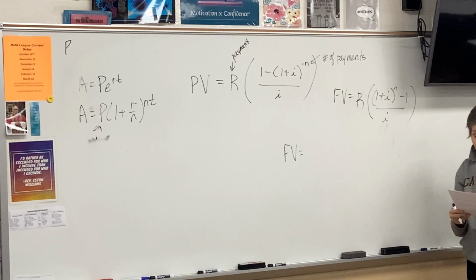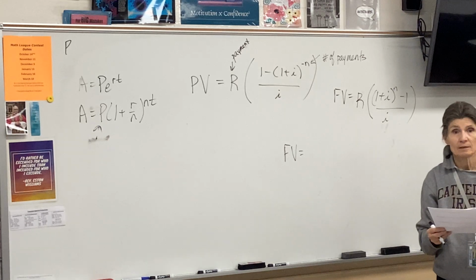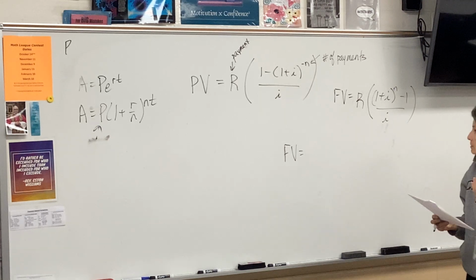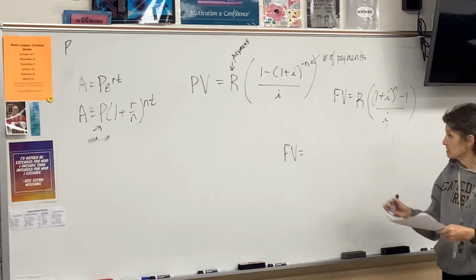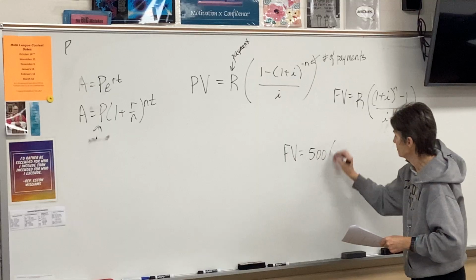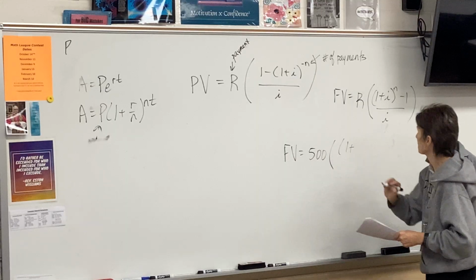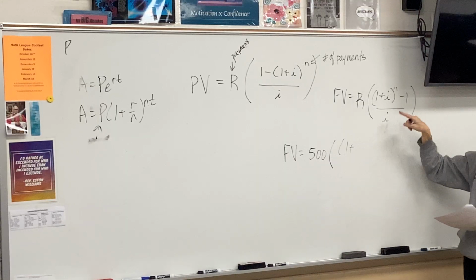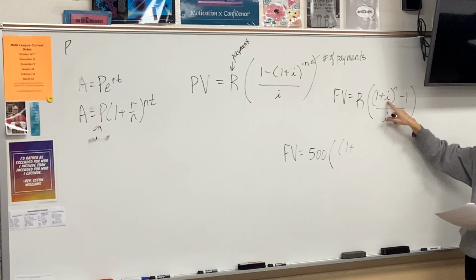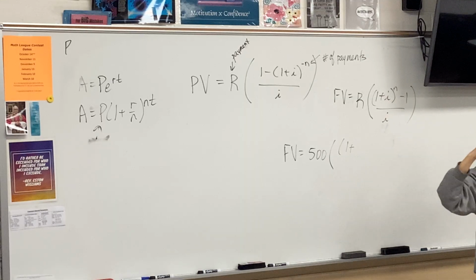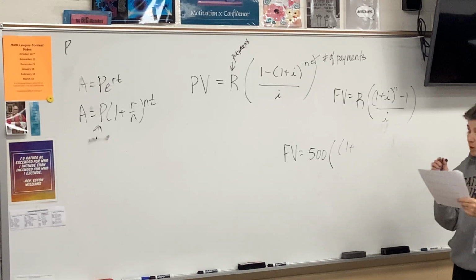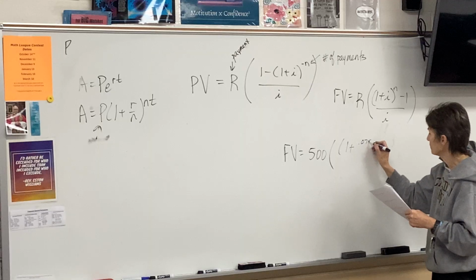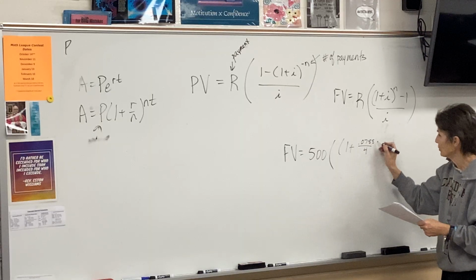Okay? Now, all the letters mean the same thing. So R is the payment amount. And we know Emily is making a $500 payment. Now, just like in the PV formula, I is the interest rate adjusted for the time period. So, her interest rate is 0.0788, but it's quarterly.